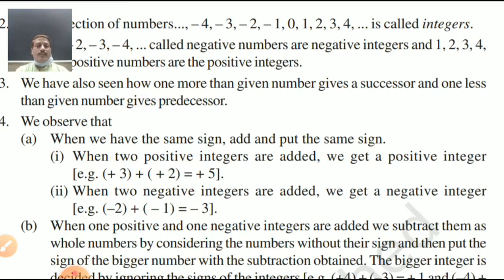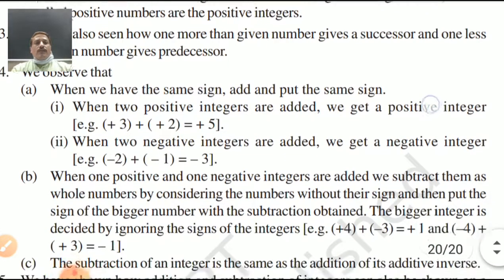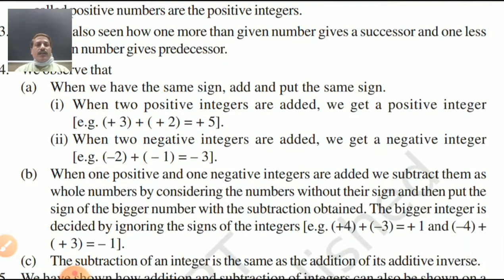When one positive and one negative integer are added, we subtract them as whole numbers by considering the numbers without their sign, and then put the sign of the bigger number with the subtraction. The bigger integer is decided by ignoring the sign of the integers.